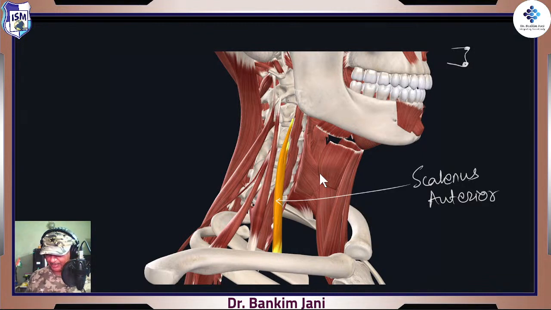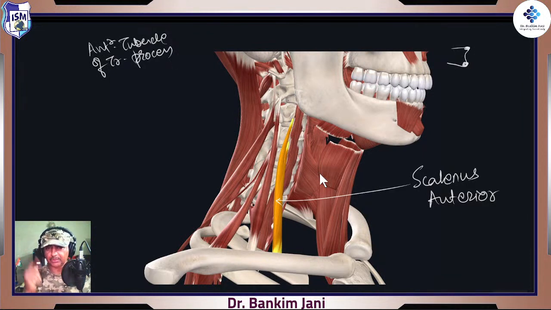Step by step we'll add. Scalenus anterior, anterior, so anterior tubercle. This is easy, right? When we say anterior tubercle, it has to be of the transverse process, because this muscle is not in the midline. It is on one side. Now this is important: C3 to C6.